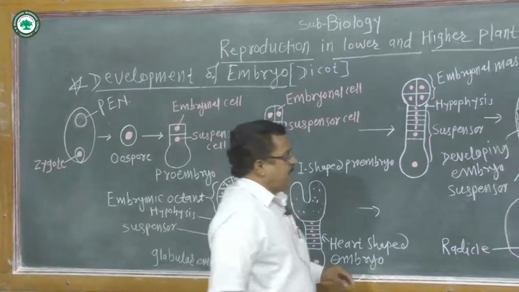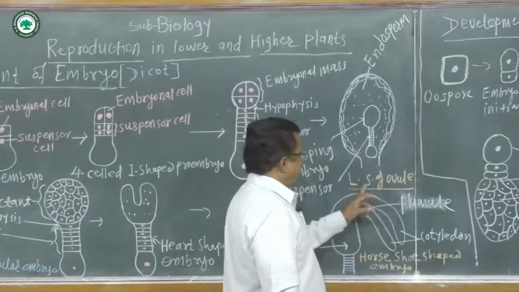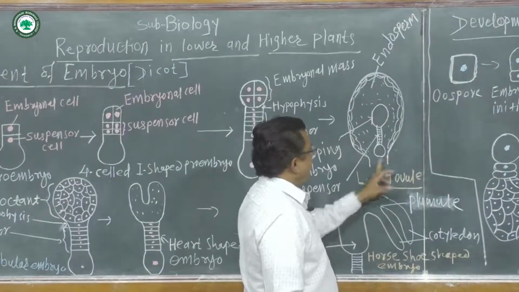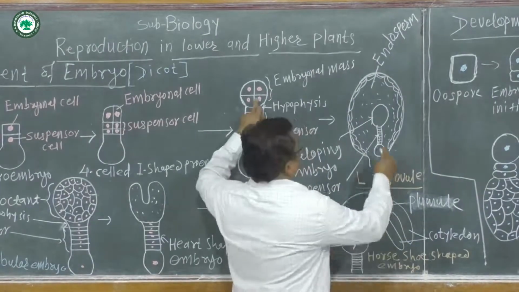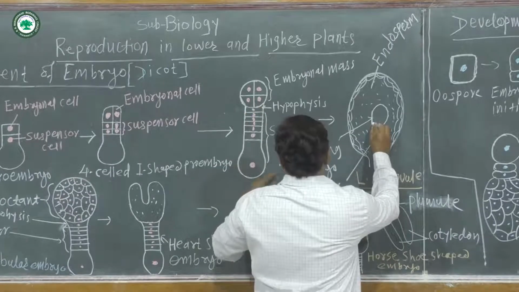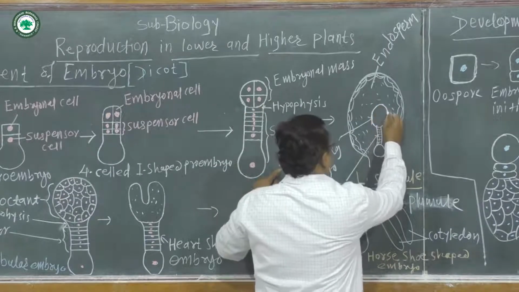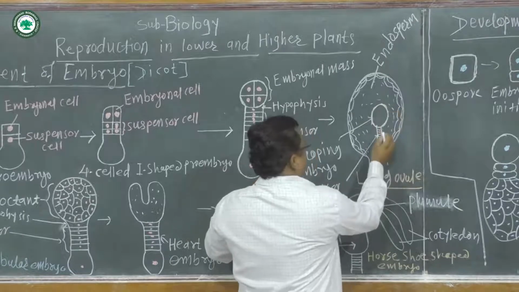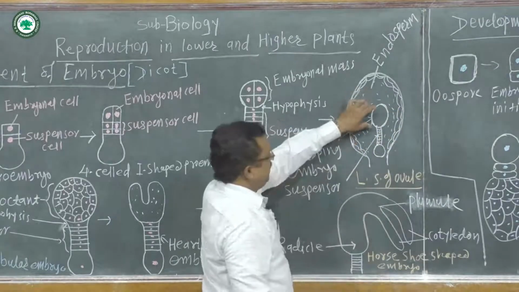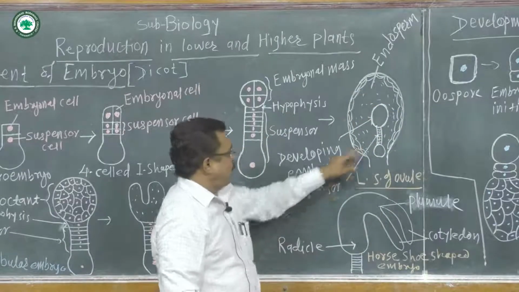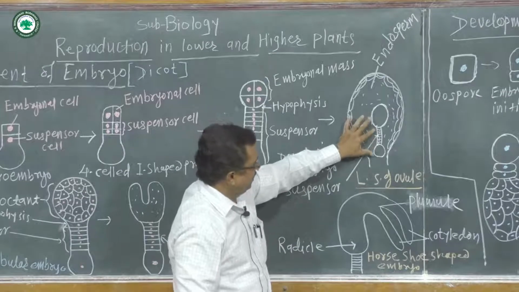Here, in the LS of ovule, it shows the development of the octant stage. The developing embryo is pushed deep into the endosperm with the help of the suspensor.